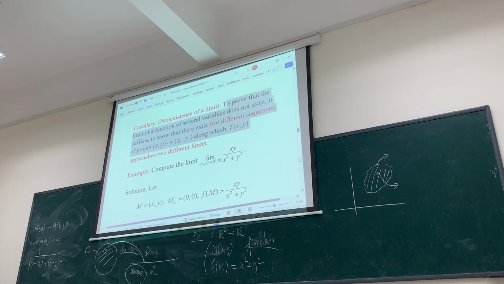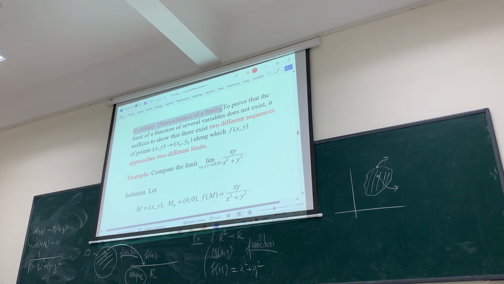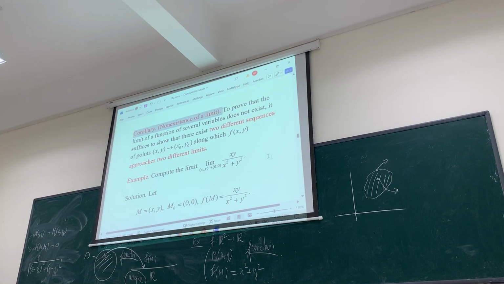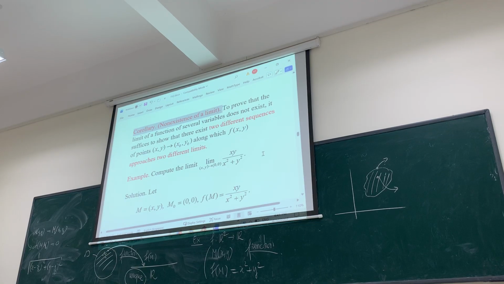Okay, continue. The idea is based on the corollary. We need to show two ways m tends to n0 along which the value of the function tends to different limits.